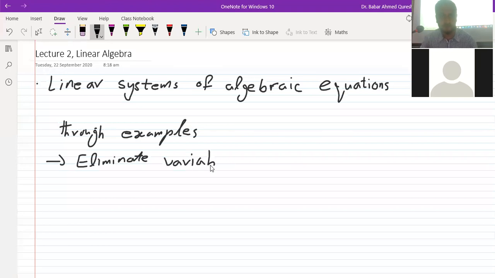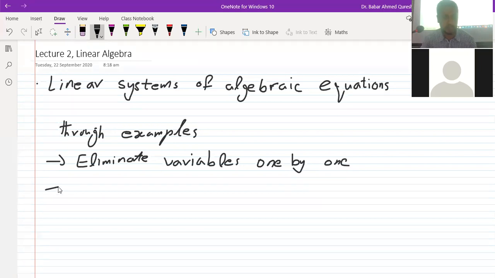And when you're left with only one last variable, then that gives the solution for that variable, and then you back substitute to get the rest of them.